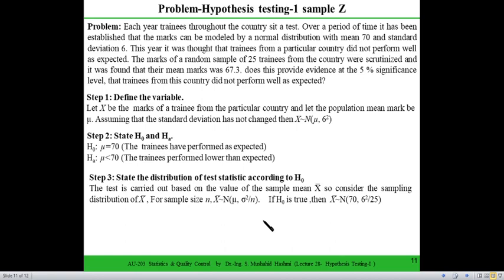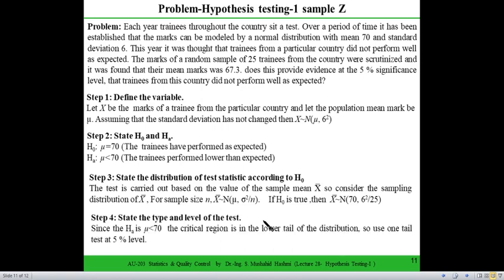So we need to look for the test statistic based on the sample data. In the fourth step, we need to look for the type and the level of the test.